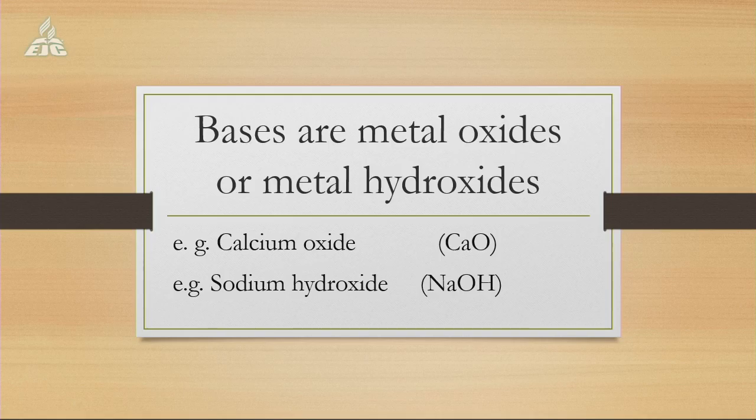The name, we look for oxides or hydroxides. If they are present, we know that they are bases. So bases are metal oxides or metal hydroxides. And here we have two examples, calcium oxide, CaO, and sodium hydroxide, NaOH.